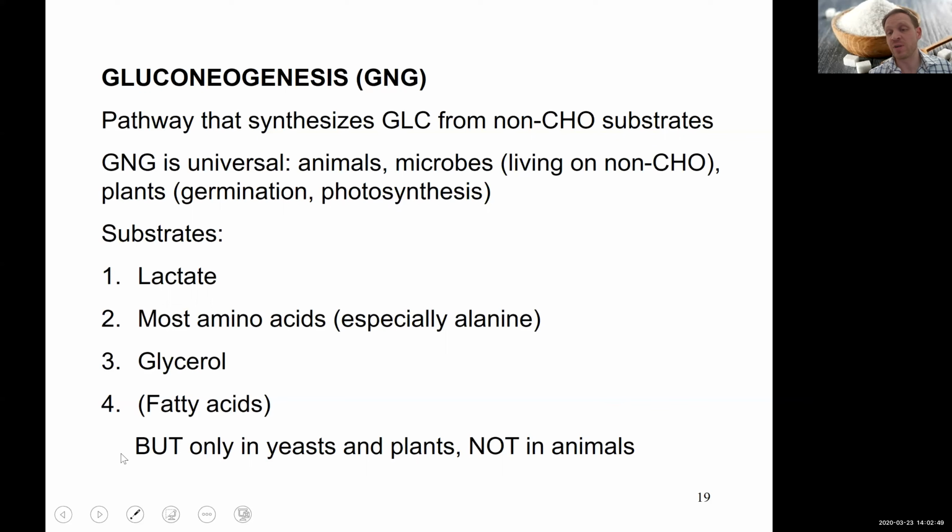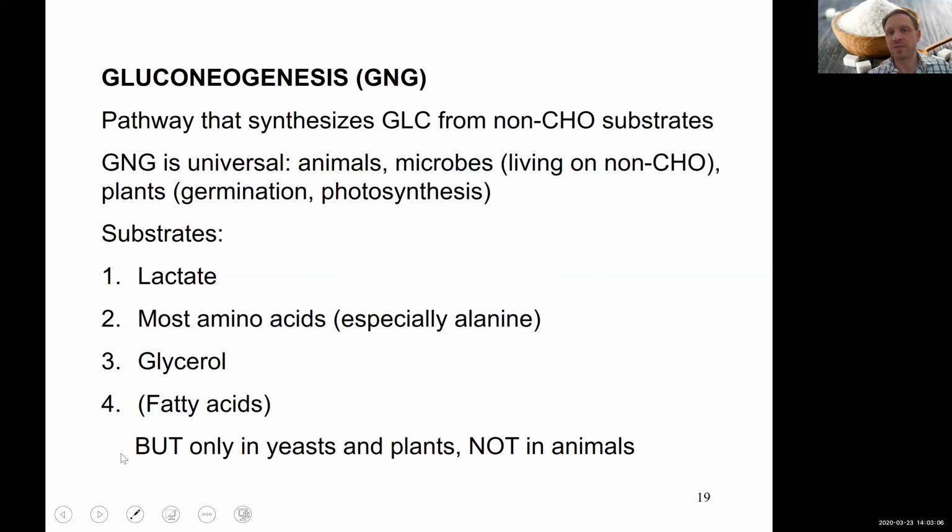It's actually critically important because even if we don't get glucose through our diet, our body really relies on specifically glucose. Specifically, the brain requires glucose for many of its functions. But also microbes are using it, especially those that live on non-carbohydrate food resources. And plants are using GNG too, for example, for germination and photosynthesis.